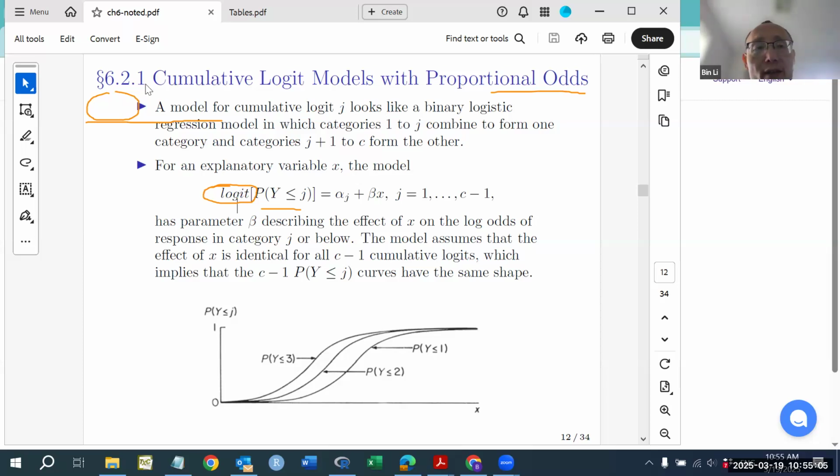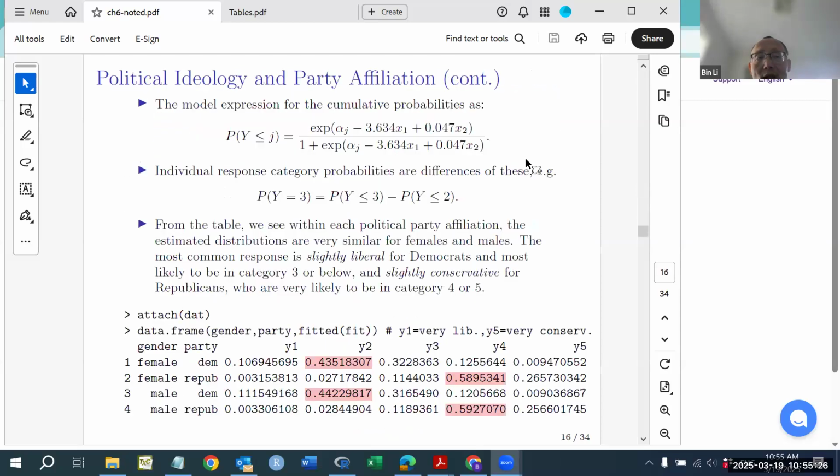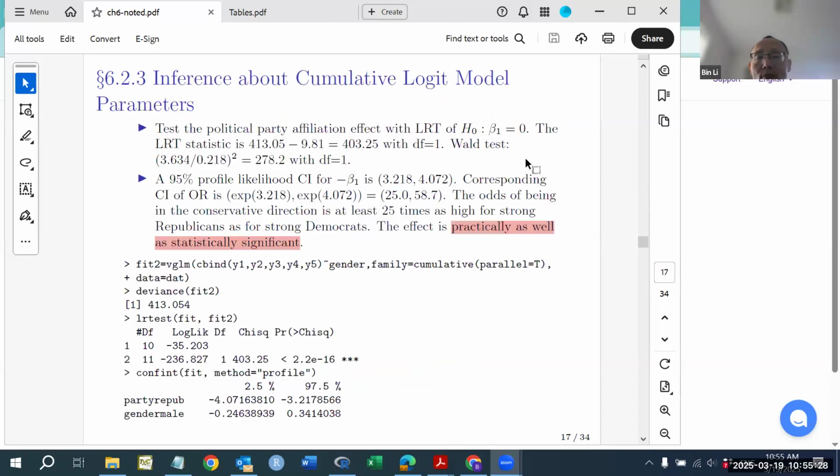So the cumulative link model is very general. That means we don't have to use the logit link. We can use other links, for example, the probit link. So that's why here we call it cumulative link model. That's just for general purpose.